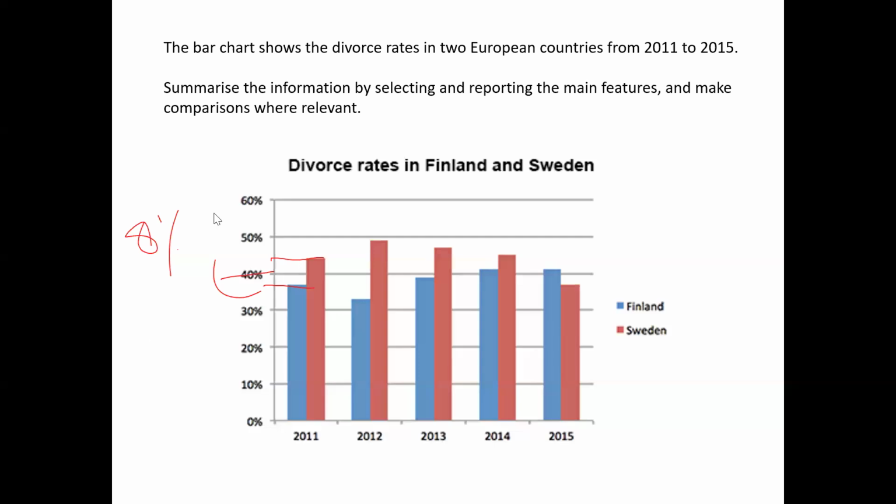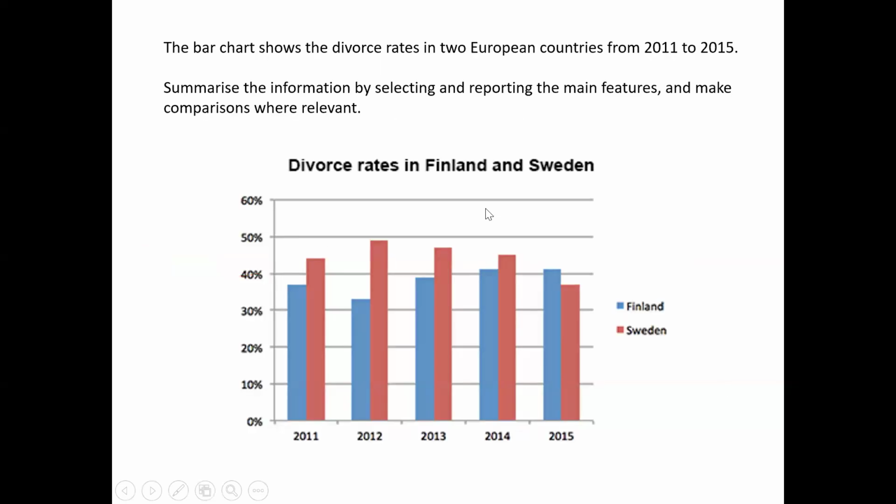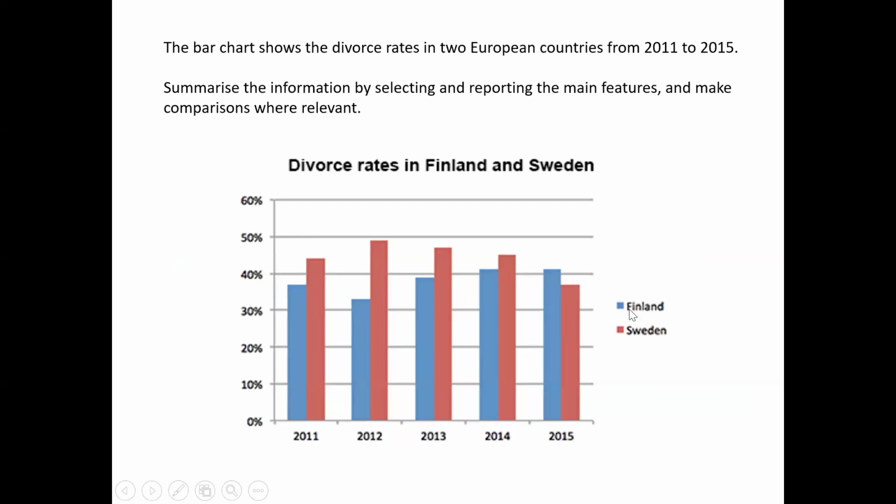For example, Sweden's divorce rate was about 45% in 2011, being higher than Finland's rate by approximately 8%. Is this 45 in 2011? Is this approximately 8% higher than that of Finland, right?